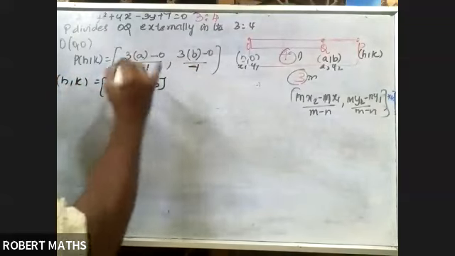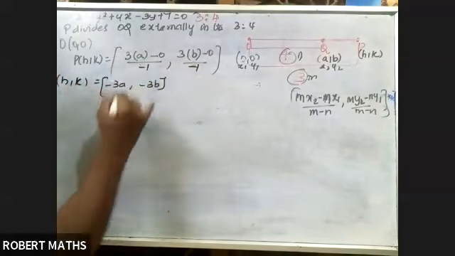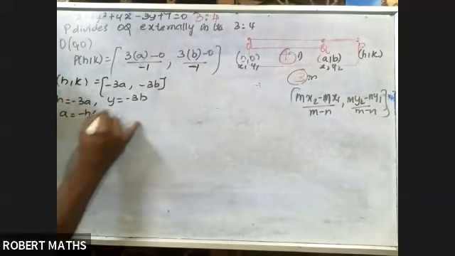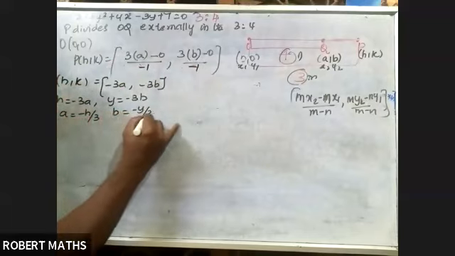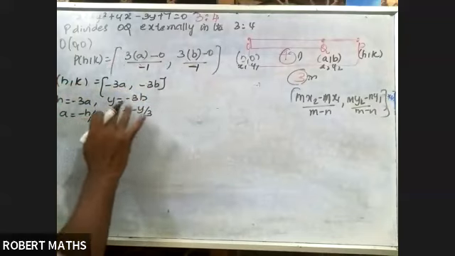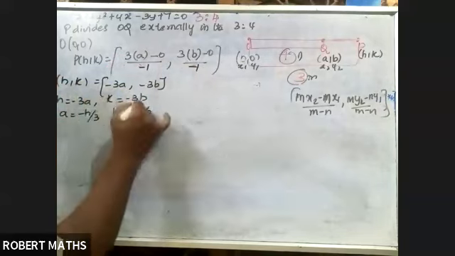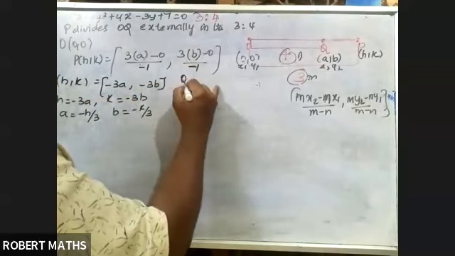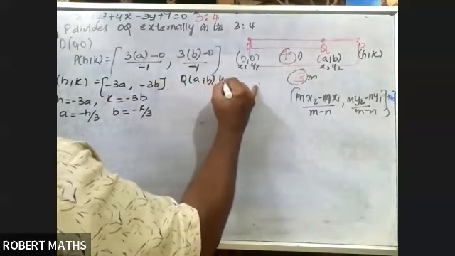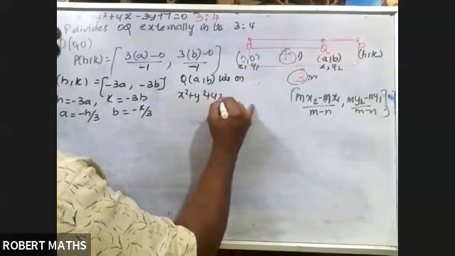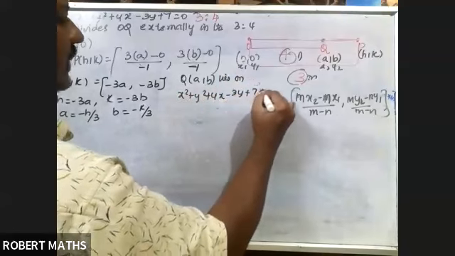ரொம்ப ஈஸியா கிடைச்சிரும் பாருங்களேன். அப்ப we'll get h is equals to minus 3a, k is equals to minus 3b. From this you can get a is equals to minus h by 3, b is equals to minus k by 3. Now we know that the point Q of a comma b lies on the circle x square plus y square plus 4x minus 3y plus 7 equal to 0.